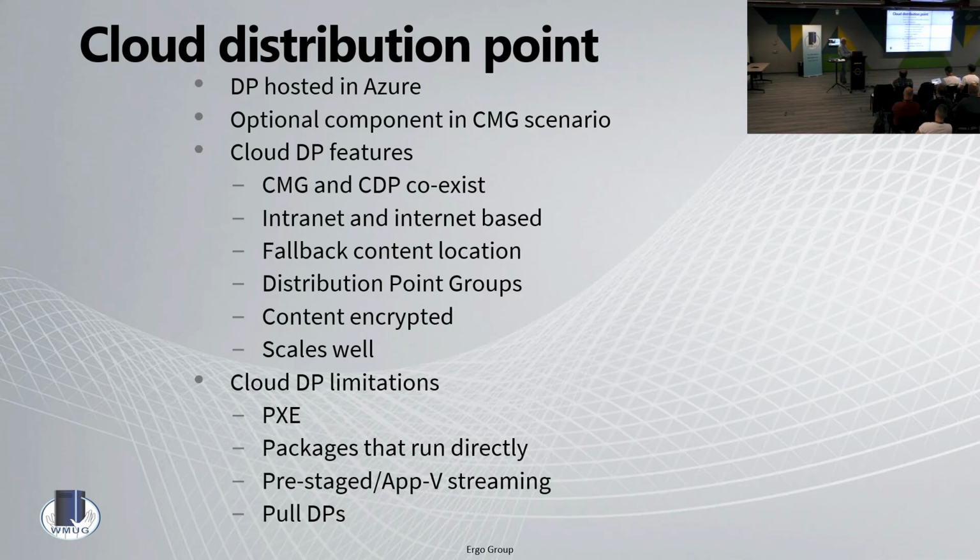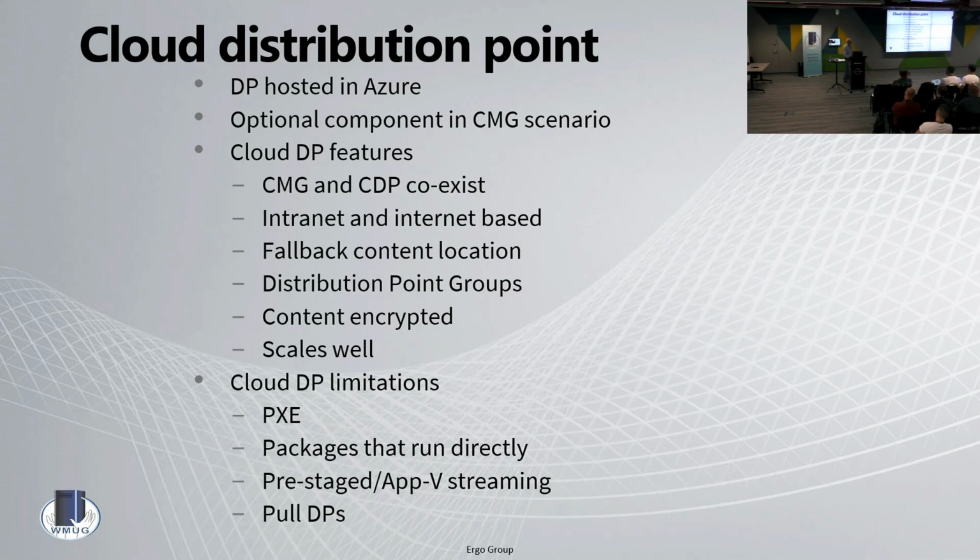Config Manager encrypts the content before distributing it to a cloud DP, so there's no worries there. And the good thing about them is you can manually scale the cloud service temporarily if you need to, without the trouble of installing additional DPs, if you were doing a project that required a lot of content quickly, for example. Now, there are some limitations to using cloud DPs.